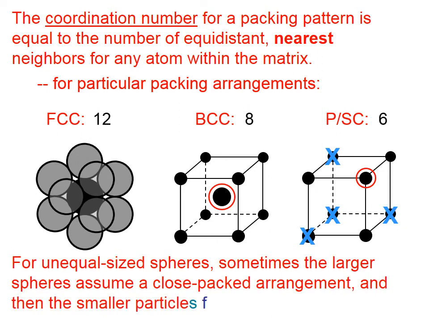For unequal sized spheres, sometimes the larger spheres assume a close packed arrangement, and then the smaller particles fit into the spaces in between. Let's look at this picture on the left here. If these are the larger atoms, they assume sometimes a close packed arrangement, but if we have, say, an alloy that has another atom that's much, much smaller, or maybe some sort of ionic substance where the other ions are much, much tinier, they can sometimes fit into these little spaces.